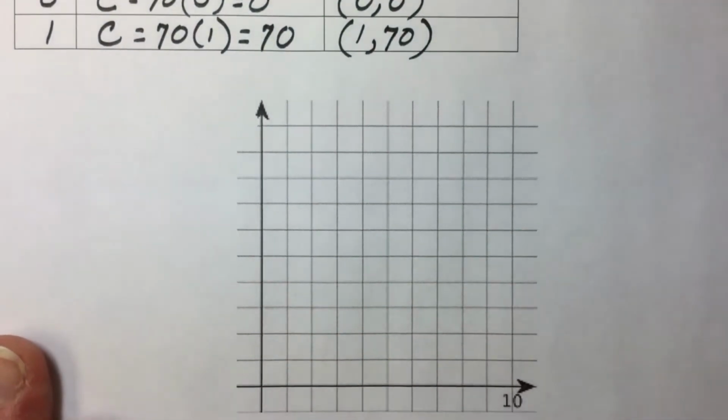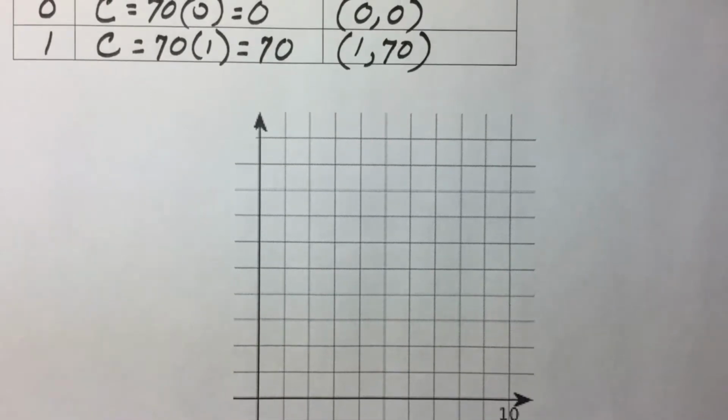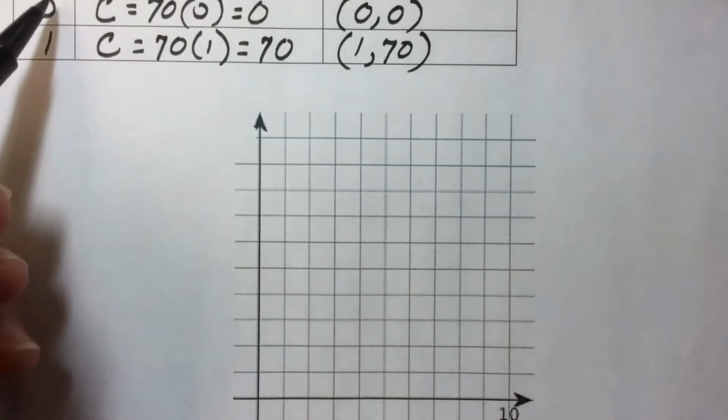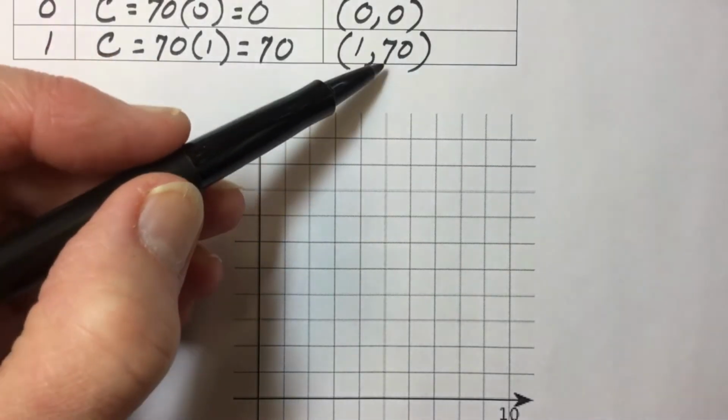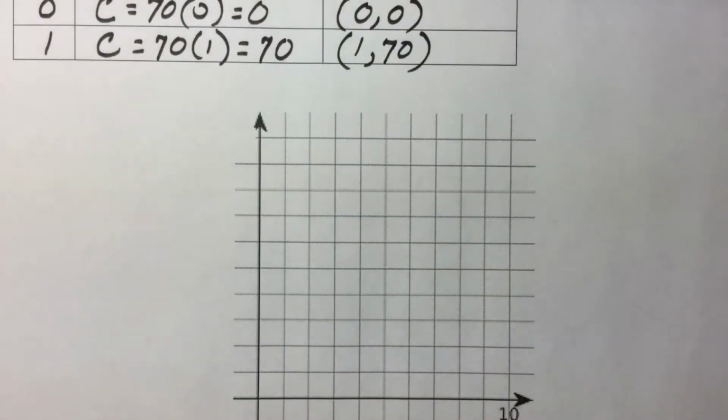We're now going to graph this information, recognizing that we have much smaller values for our distance and the resulting values for the calories burned are going to be much larger numbers. The scale on the horizontal axis may be different from the scale on the vertical axis, which is the case here.